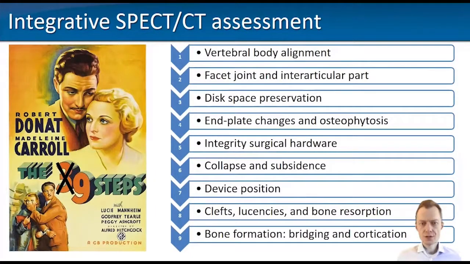You look for the integrity of the surgical hardware. You see if there is collapse and subsequent subsidence of cage material. Device position needs to be checked, and also look for clefts, lucencies, and bone resorption, which can be a sign of loosening. And finally, assess the bone formation, whether there is indeed bridging and cortication.